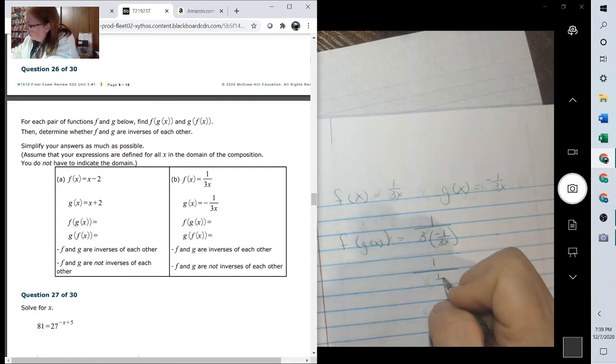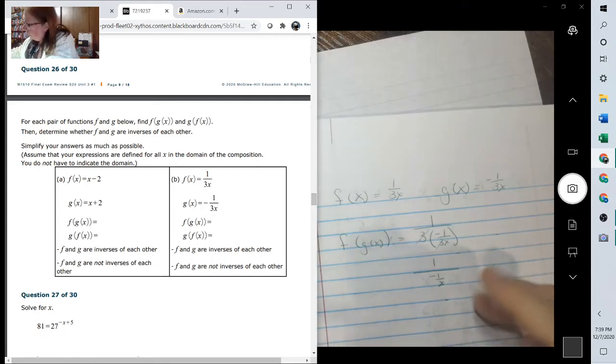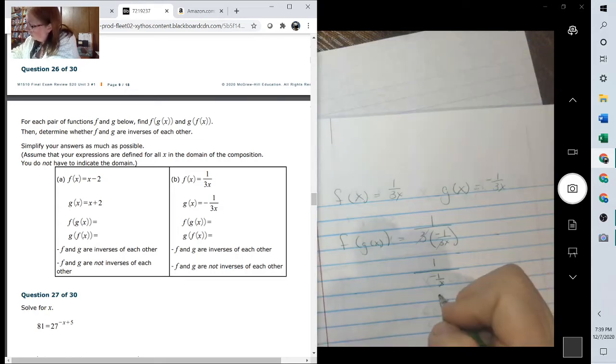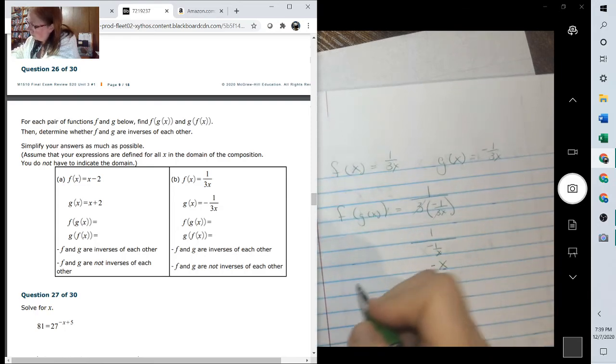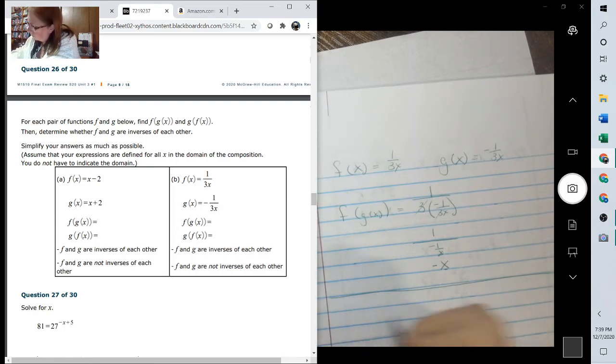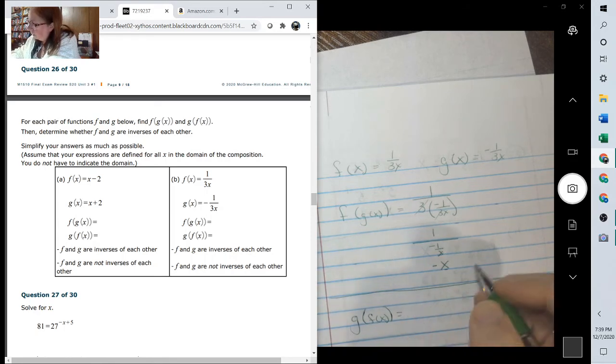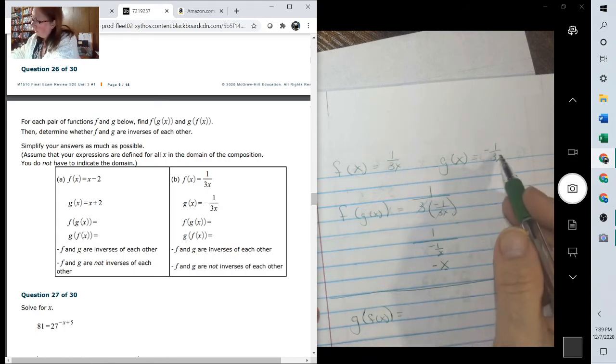You have this, and then you flip and multiply, and this equals negative x. G of f of x. We're plugging this one in here.